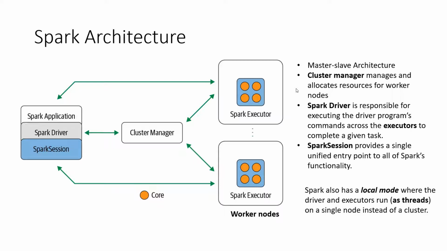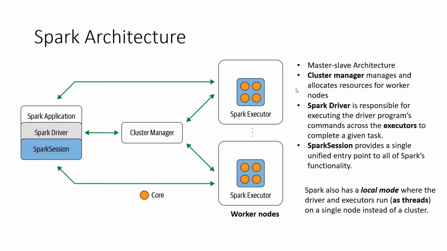We usually call the Spark application a driver program. The Spark driver is the one that is responsible for executing Spark tasks across Spark executors. The Spark driver uses the cluster manager for this purpose.